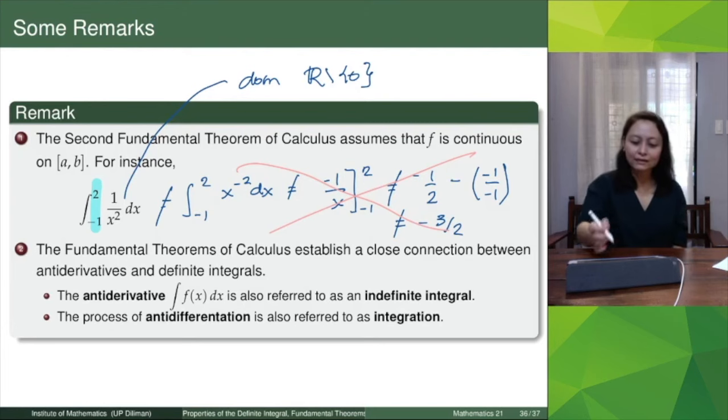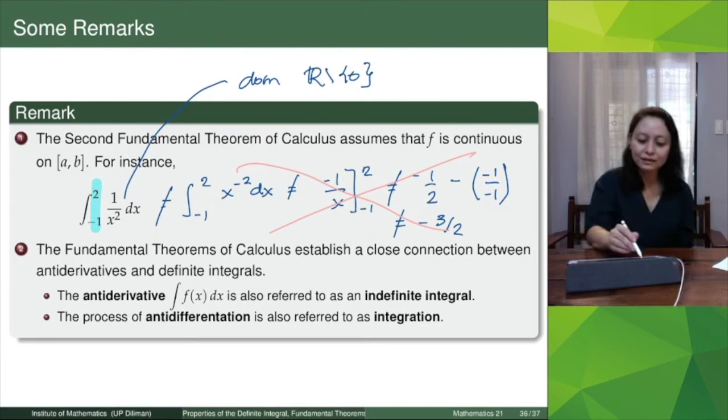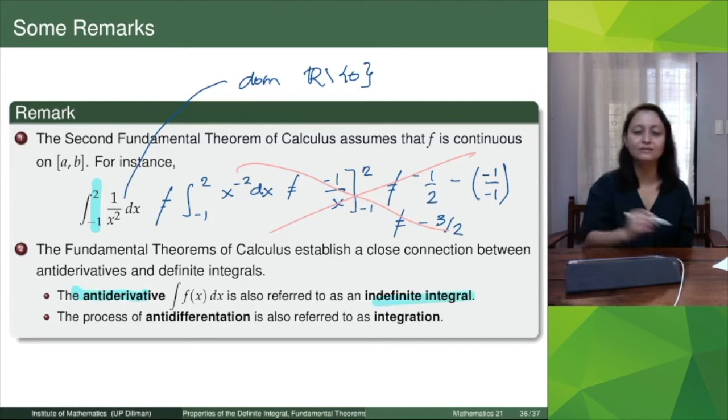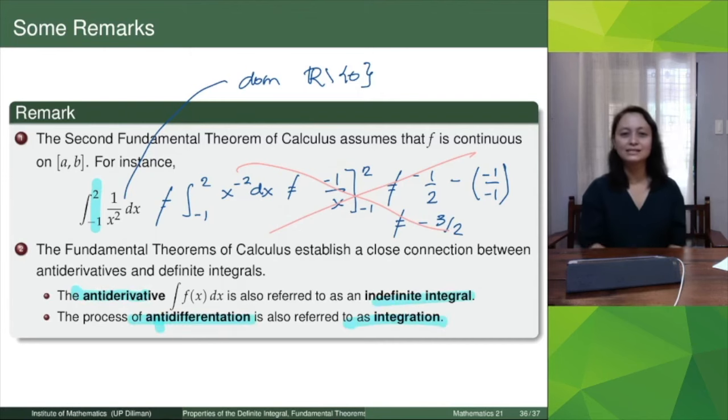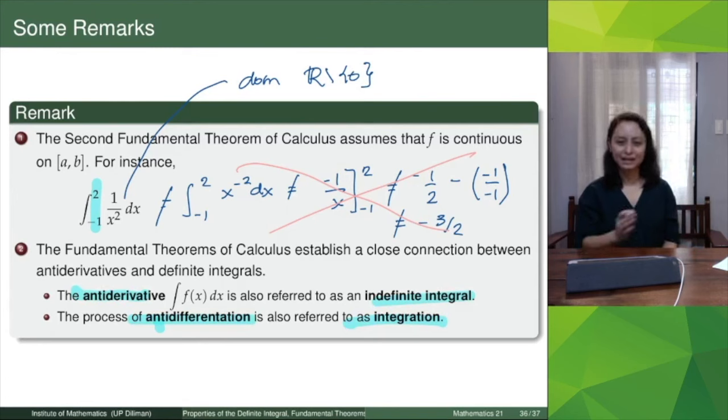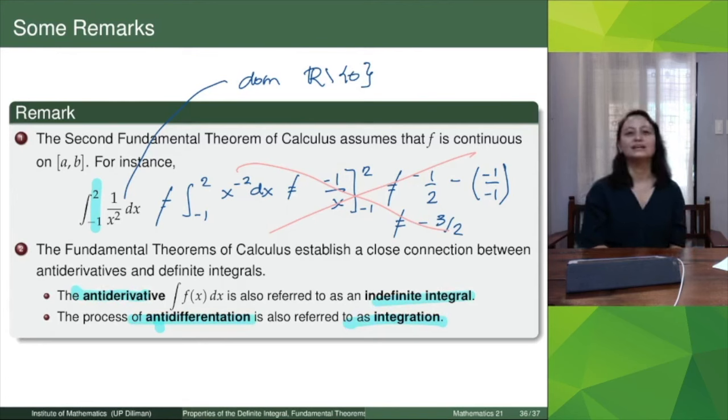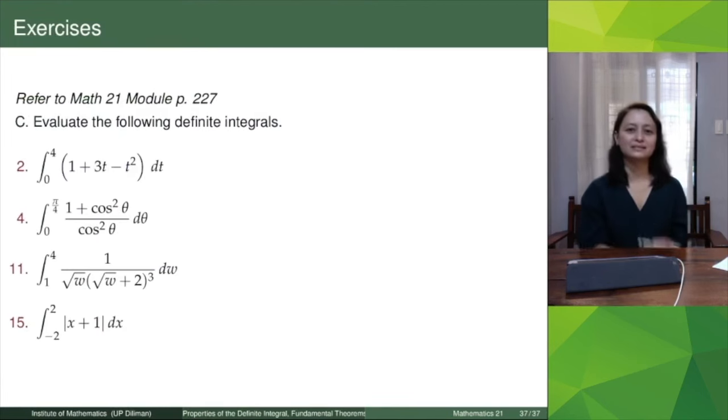So, actually, ang tawag nga daw dito sa antiderivative ay indefinite integral. And then, antidifferentiation is also referred to as integration. Okay, actually, nagamit na natin yung term na integration dun sa lecture 4.1. Pero equal lang sila or pareho silang process.